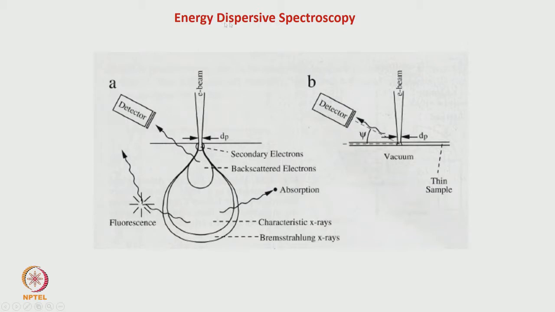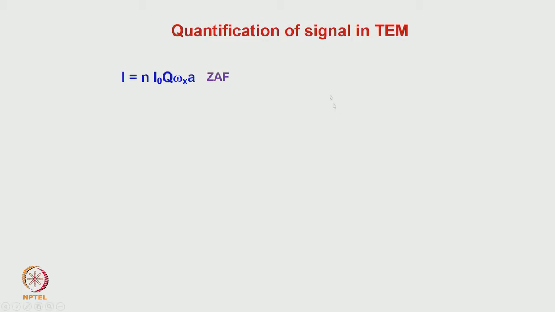But generally in energy dispersive spectroscopy which we consider in an electron microscope, since the sample is thin, absorption could be neglected. Similarly, the fluorescence effect is also going to be small. If we take that into consideration, the ZAF term will go and only Z will come into the picture.